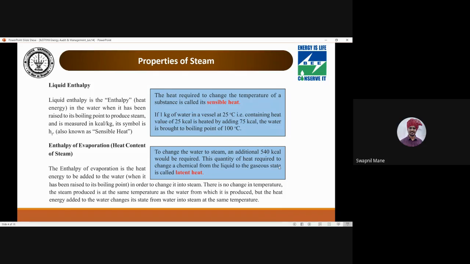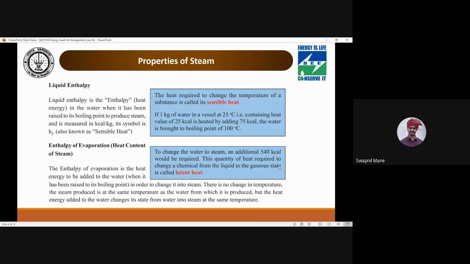Okay, so enthalpy of evaporation, or heat content of the steam. The enthalpy of evaporation is the heat energy to be added to water when it has been raised to its boiling point in order to change the phase to steam. So in the change of phase there is no temperature change, but there is a change of phase from liquid to vapor.